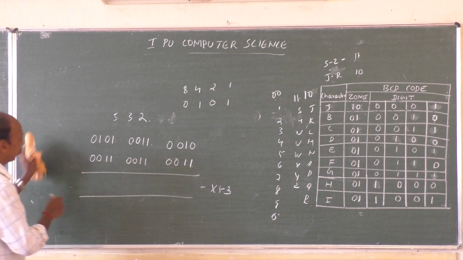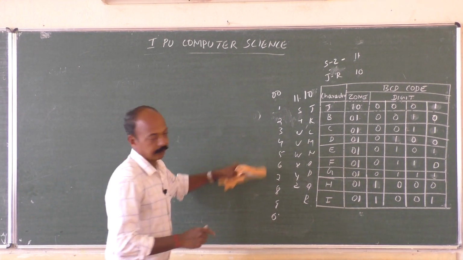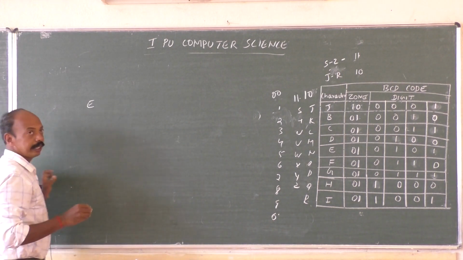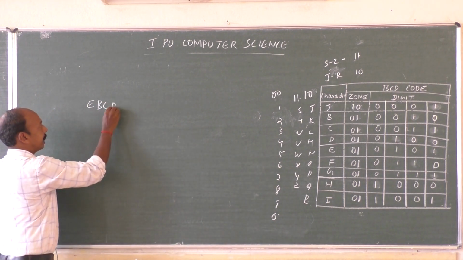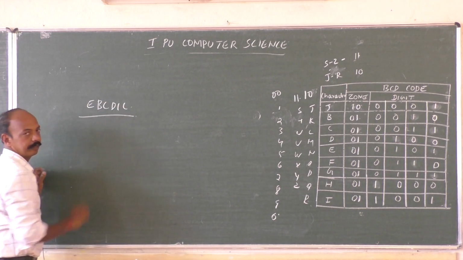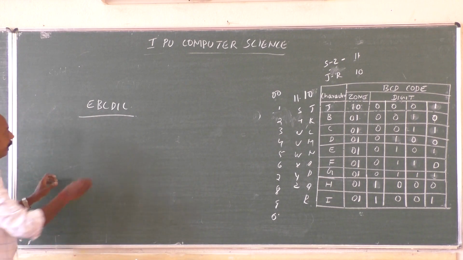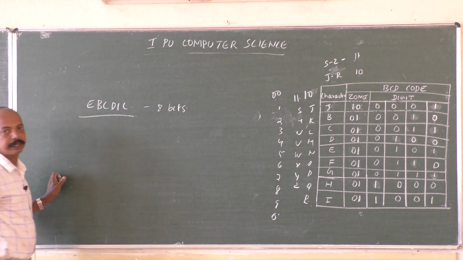Next one is EBCDIC, the extended binary coded decimal interchange code. Here what we need to know is we have 8 bits.